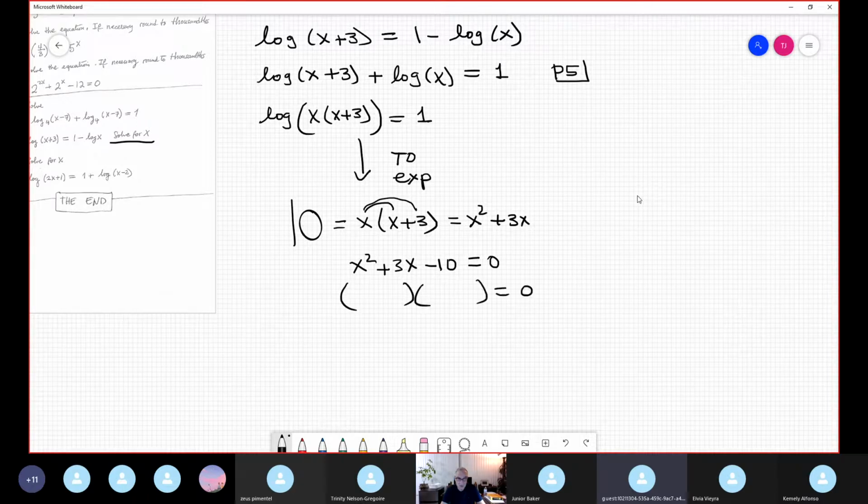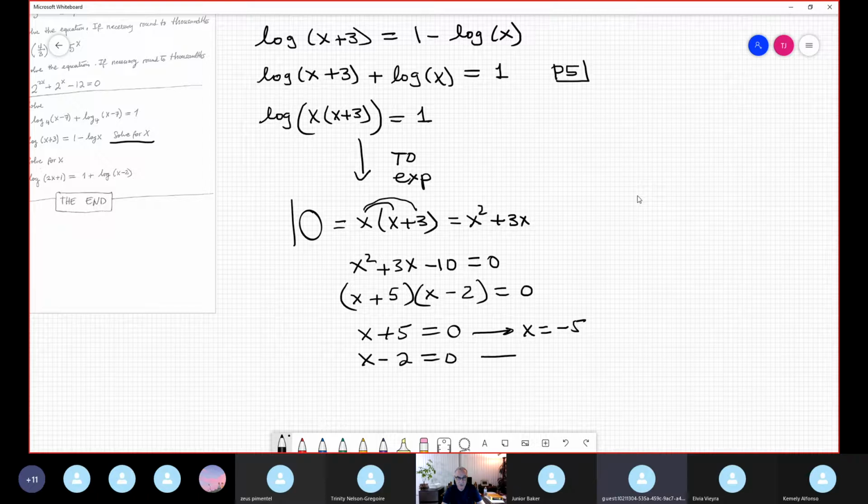Remember my recommendation: when you see 5 and 2, very well, 5 times 2 is 10, 5 minus 2 is 3, plus 5 minus 2. One solution is x plus 5 equals 0, so negative 5. Another solution is x minus 2 equals 0, so positive 2.